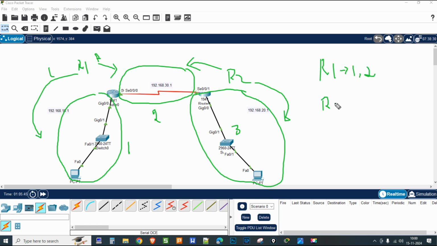R2 router, 2, 3. For remote networks, the third network, it may be in some country or wherever it may be. Here 1. So R1's remote network is the third network, then R2's remote network is 1.